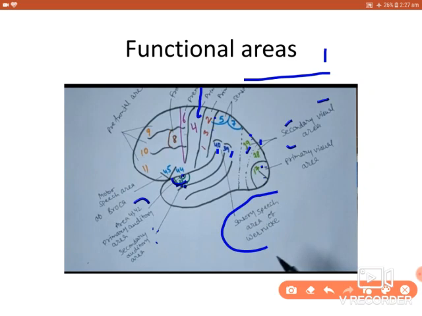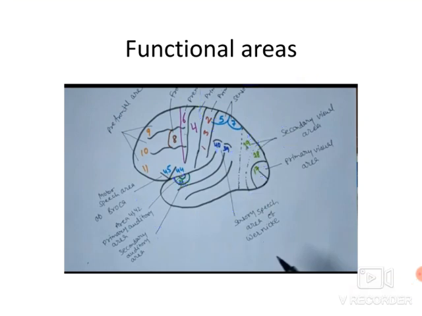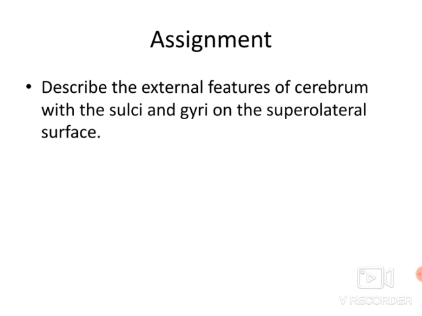These are the primary sensory areas in the postcentral gyrus, which is important for the perception of exteroceptive and proprioceptive impulses from the opposite side of the body. Okay. That's all about the cerebrum.